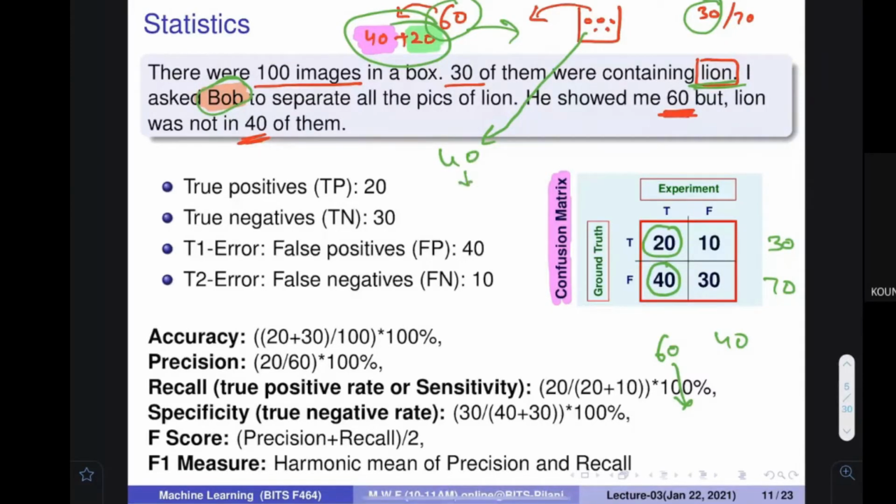And out of them, since 20 was here and total 30 images were there, 10 images were there which actually contain the line. So places where you told false but it was true is 10. The 10 places there were line, and here how many images are remaining? 30 images. These 30 are the correct classification. You have done the correct classification for these 30 items.